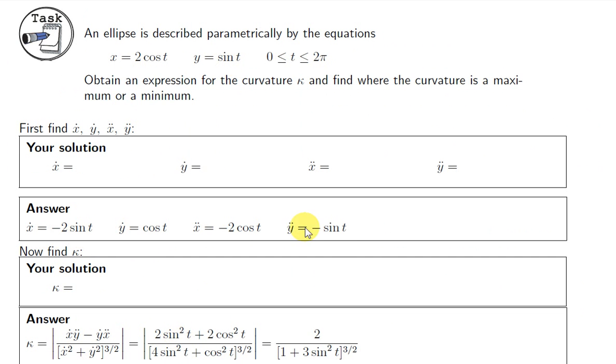We have x dot times y double dot, that's plus 2 sine squared theta. We have y dot times x double dot, and then we have a minus sign, so minus minus is plus 2 cos squared theta t. Now sine squared t plus cos squared t is equal to 1, so we just have 2 times 1 or 2 on top. Then we have x dot squared plus y dot squared, so we have 4 sine squared t plus cos squared t raised to the power of 3 halves in the denominator.